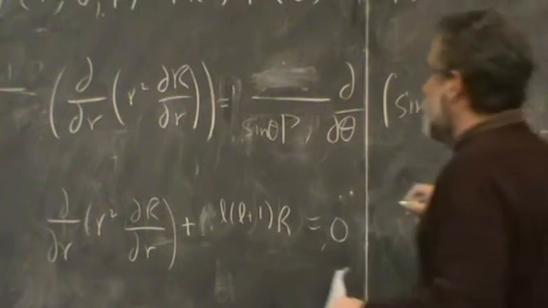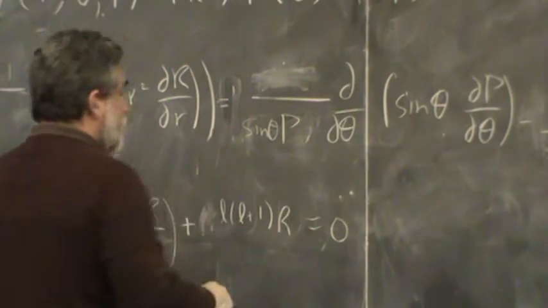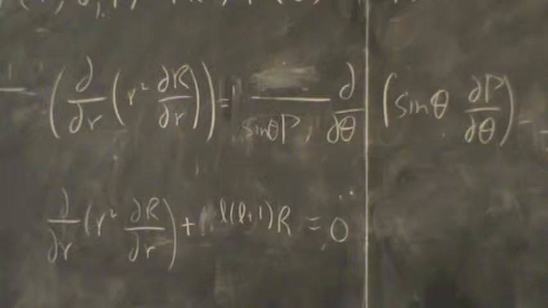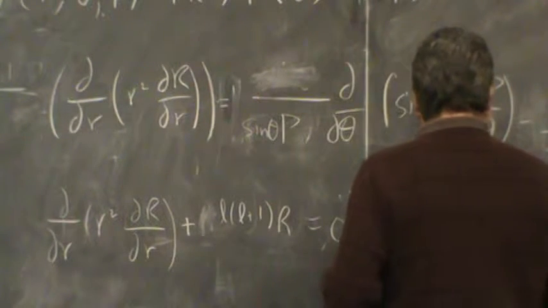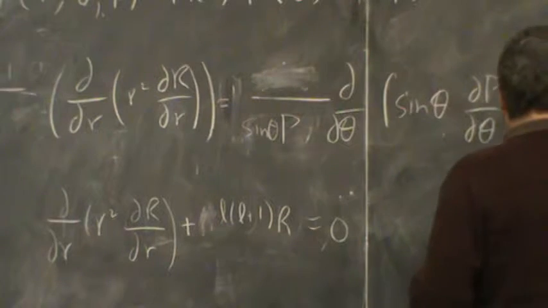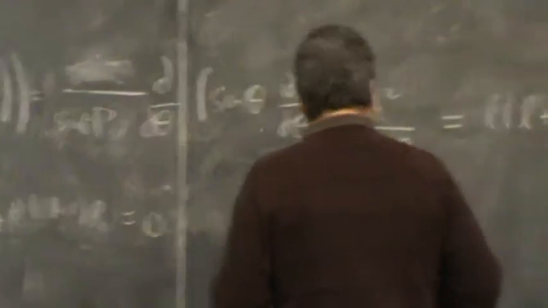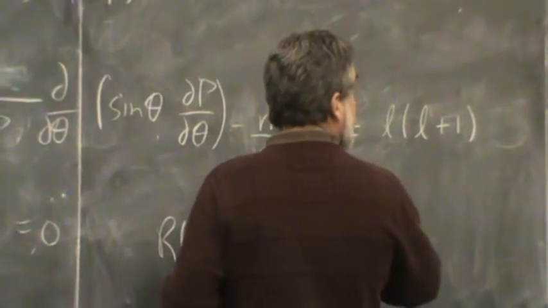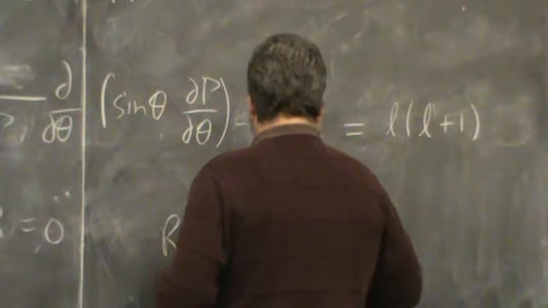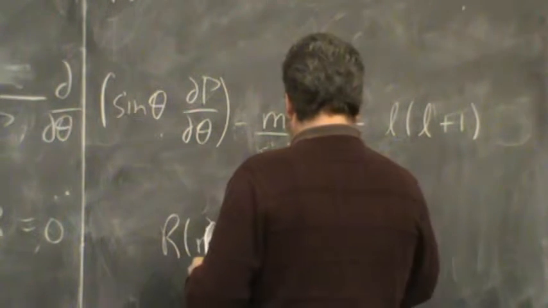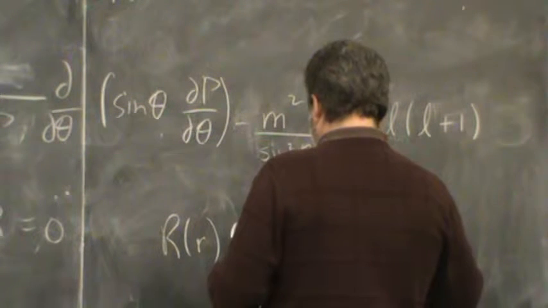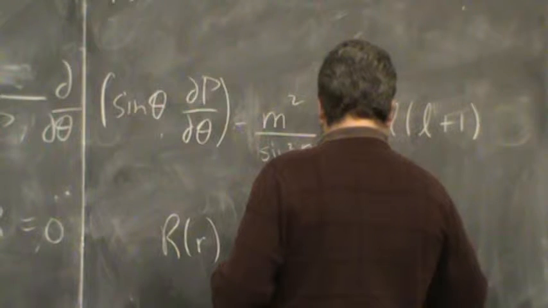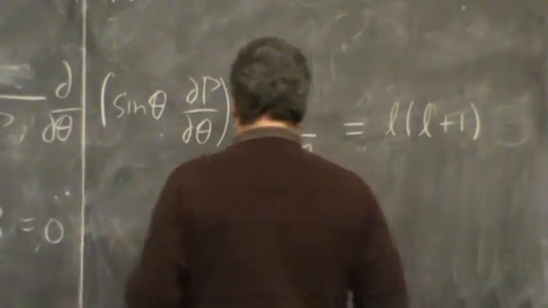This equation here has relatively simple solutions. Again, they're just powers in R. It has the form R of R, the general solution, is going to become C sub L R to the L plus D sub L over R to the L plus 1.